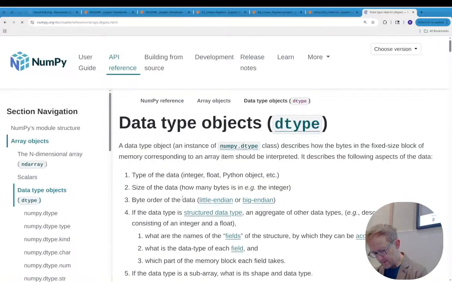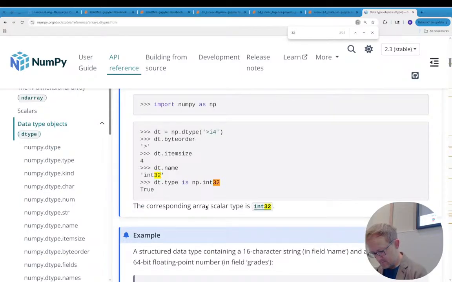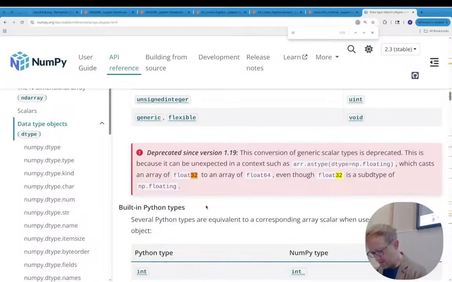No, data type. Int 32. Yeah, there should be a float 32.